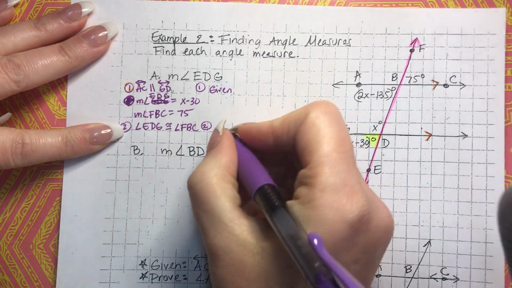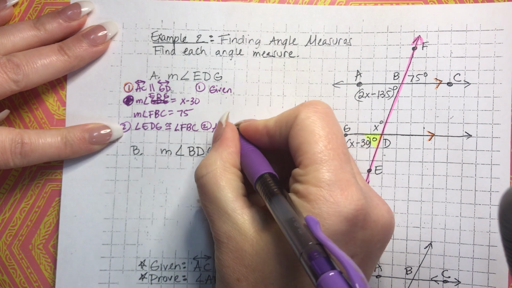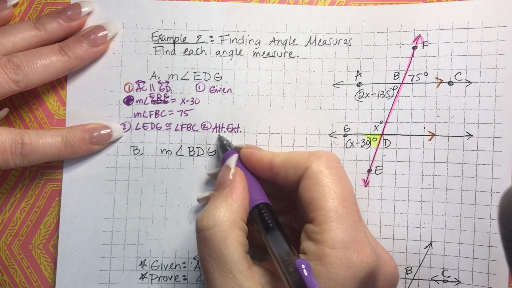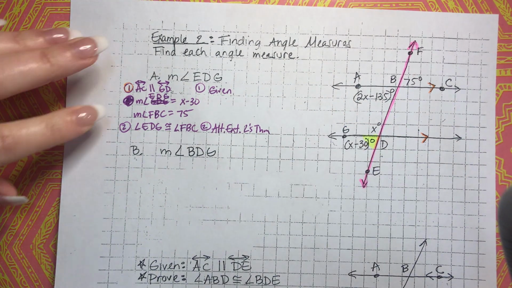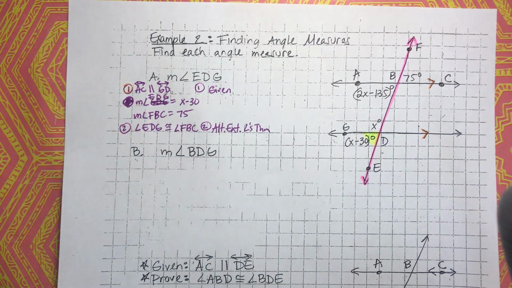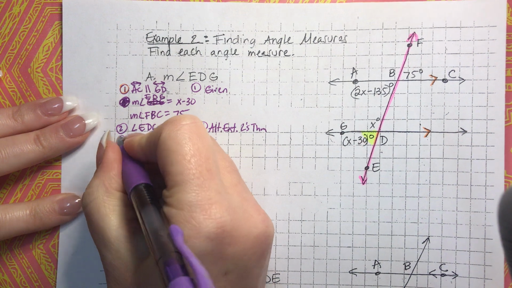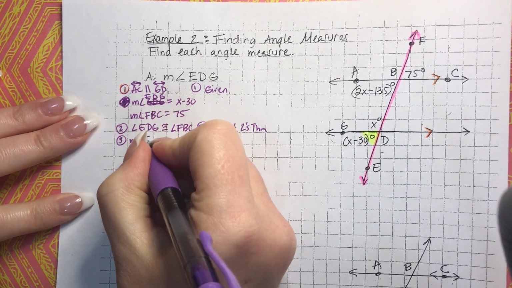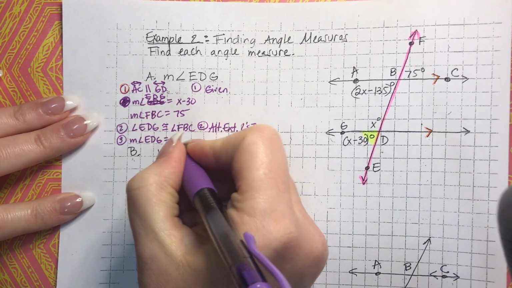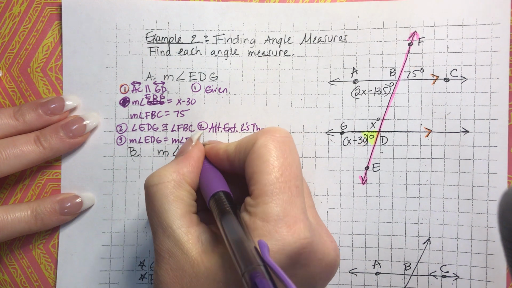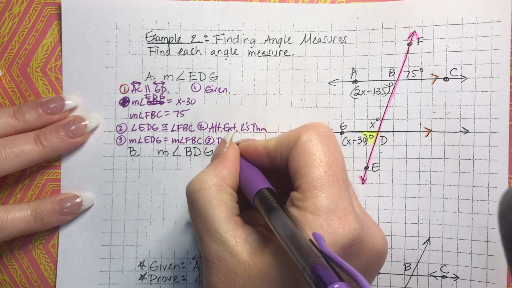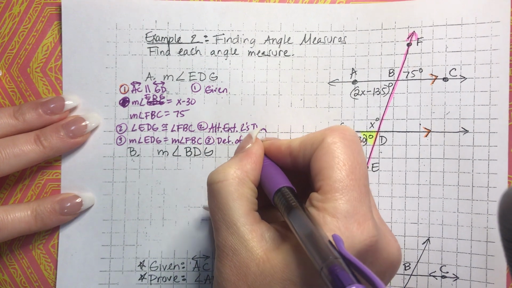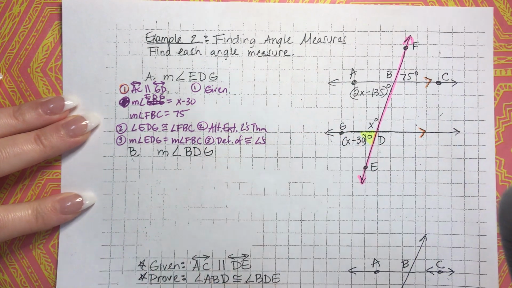Because of the alternate exterior angles theorem, this is where I start abbreviating. Okay, now I need to substitute these values, so I have to change the format. The measure of angle EDG equals the measure of FBC, which is just the definition of congruent angles.